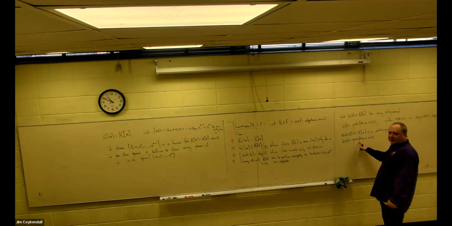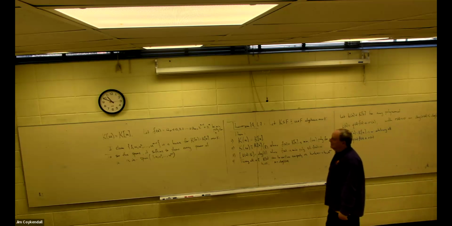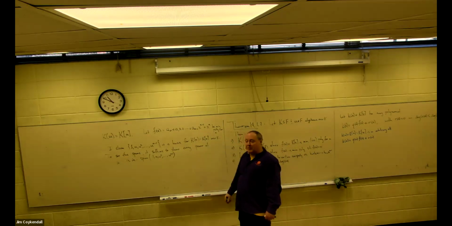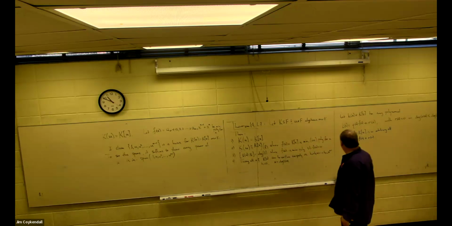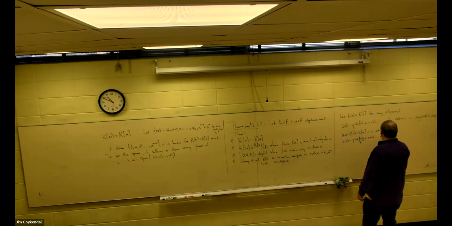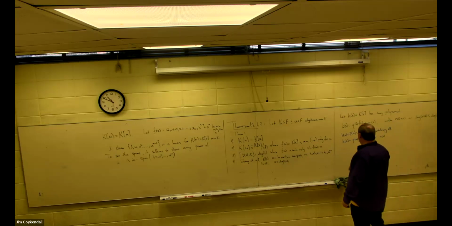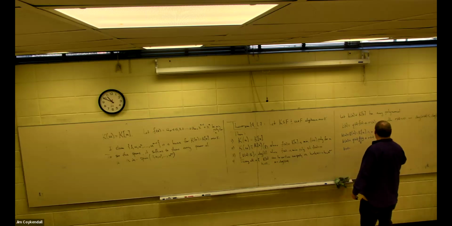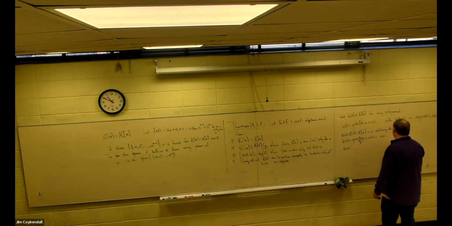Well, what's f of u? Remember, f is the minimal polynomial for u. So in particular, f of u is 0. So this is r of u. So k of u can be written as r of u, which is, say, b0 plus b1u, and so on.